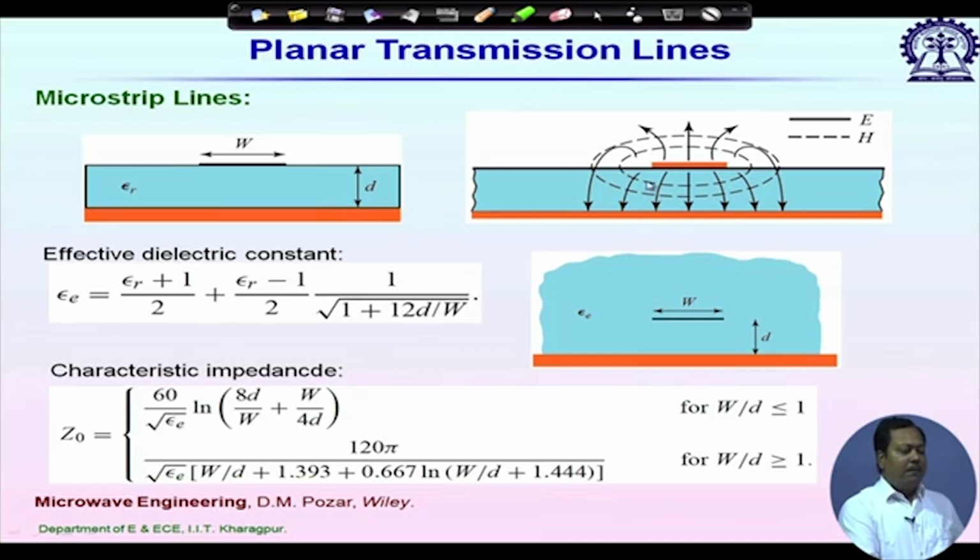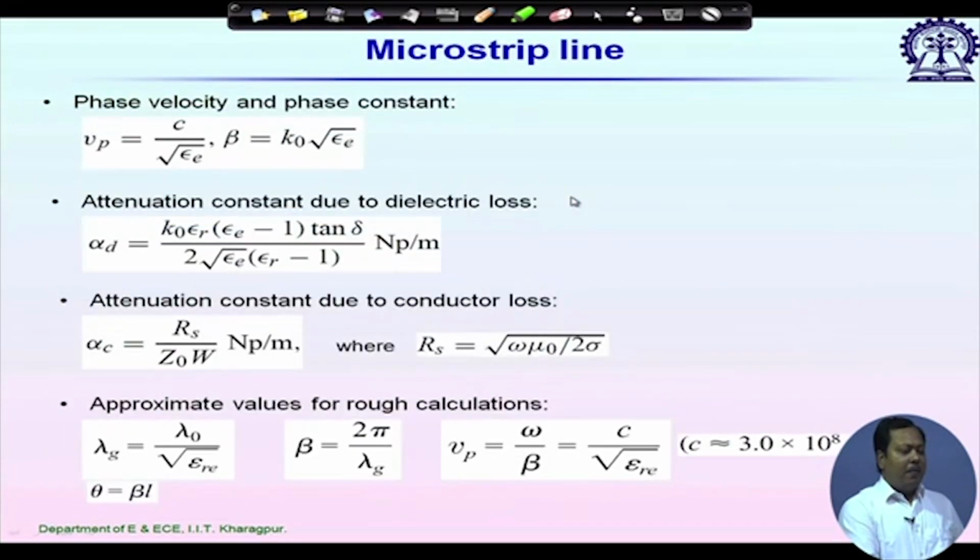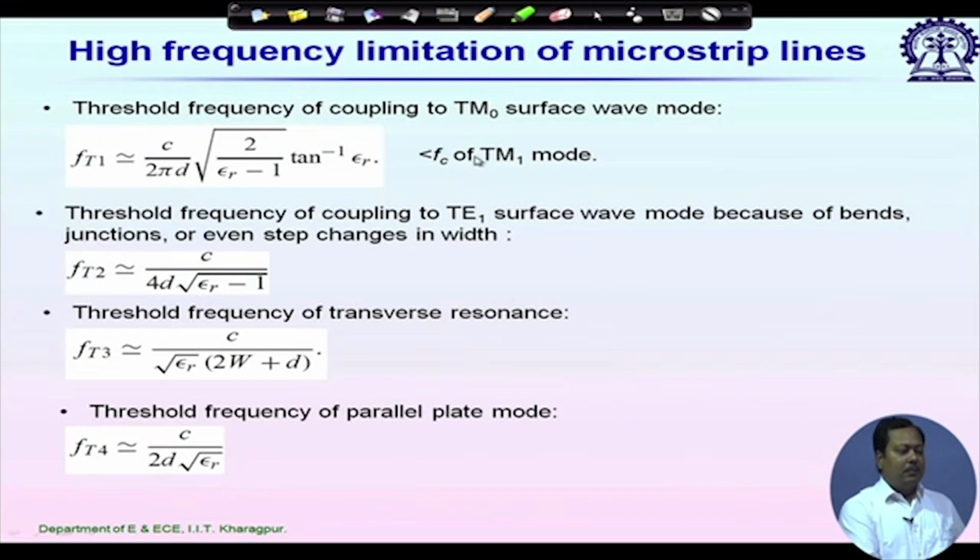The excitation of TM0 mode, of course, depends on substrate thickness. If the thickness increases, we will have more TM0 mode excitation. We can't avoid TM0 mode excitation, but at least we can avoid higher order mode excitation, like the first one, the TM1 mode, which has a cutoff frequency.